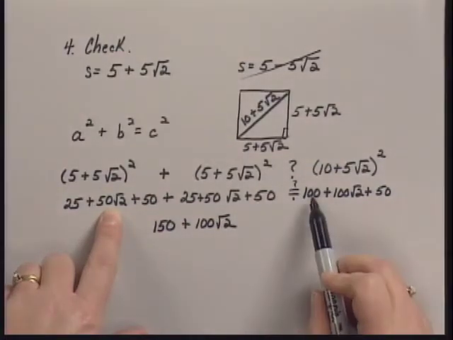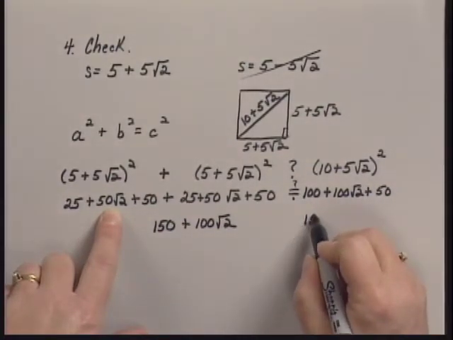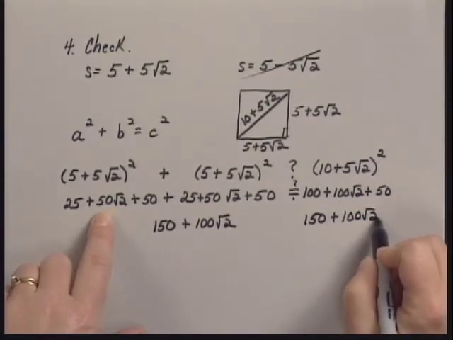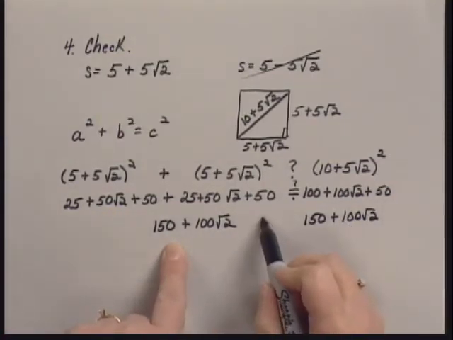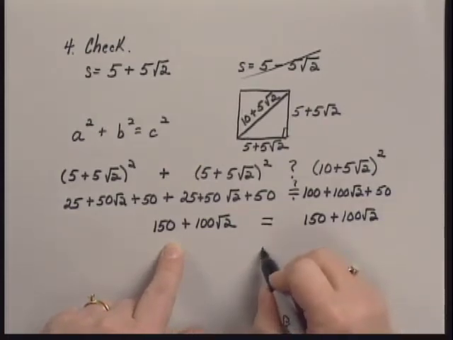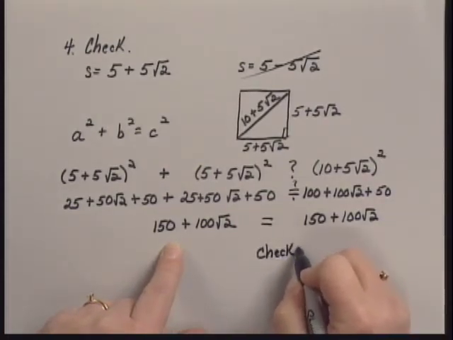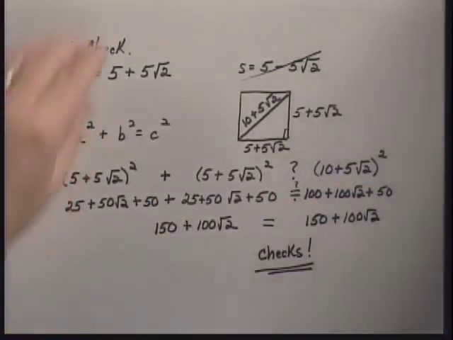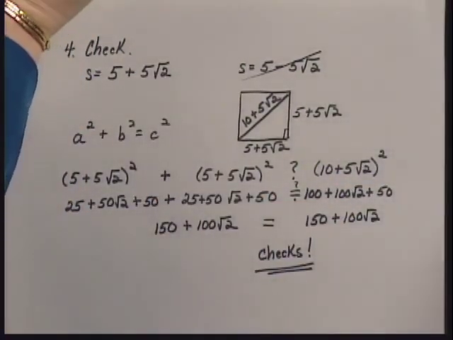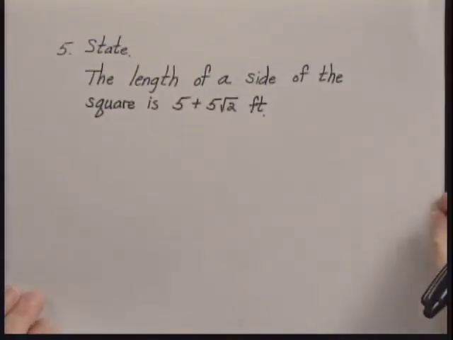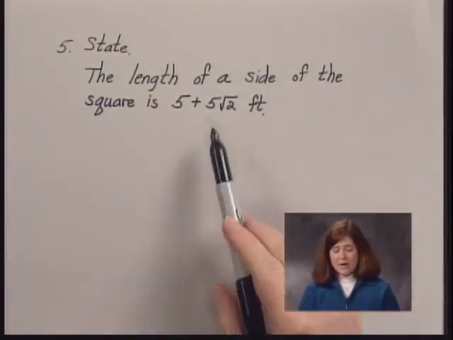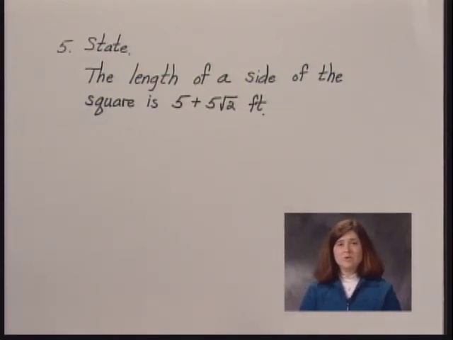And this side I have 100 plus 50, which is 150, plus 100 square root of 2. These are exactly the same. They are equal, so this does check. And we have a solution, and we can state then, using the correct units, that the length of a side of the square is 5 plus 5 times the square root of 2 feet.